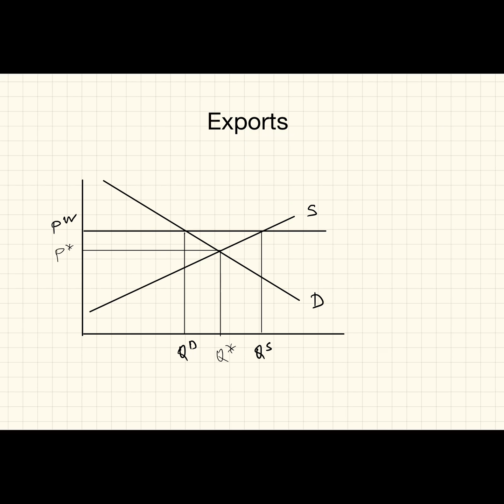So consumers consume less than local producers produce, and the difference is being exported. So this difference between these two quantities represents export of this good. So that's the first thing we can notice here.